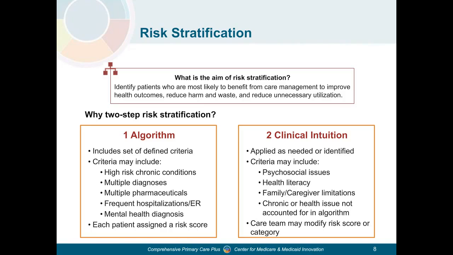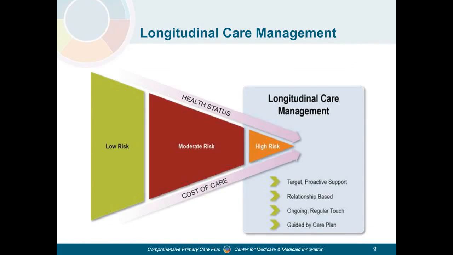And I'm not going to spend a whole lot of time talking about this because, Asaf, you did such a great job explaining it. But just to drive home again, that longitudinal care management, that relationship-based care, is for those patients who can get the most out of that additional service you're providing to help coordinate their care and be proactive in those touch points.